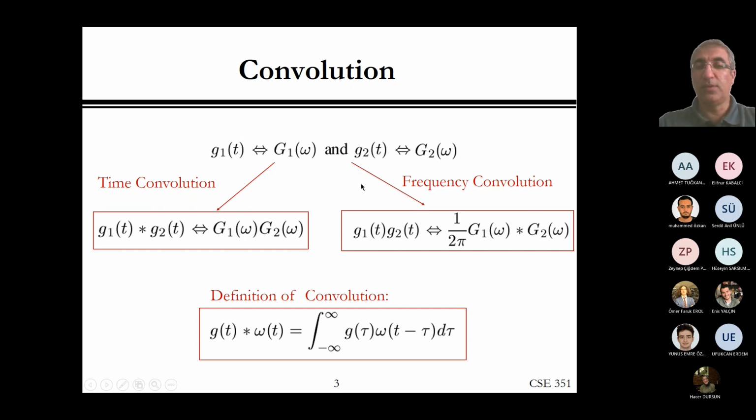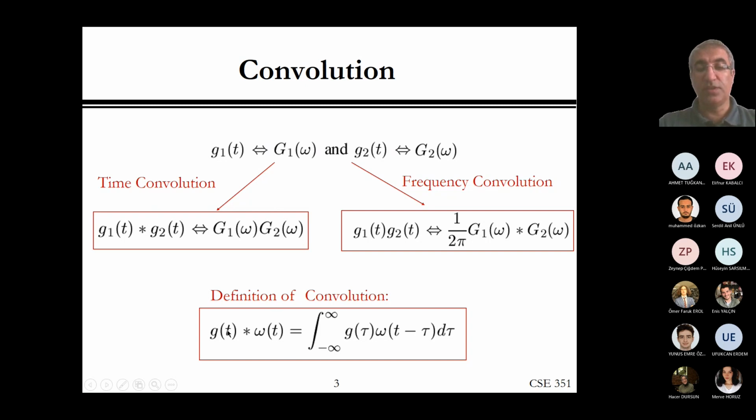Similarly, we have a duality, meaning that if we convolve these two signals in the frequency domain, it corresponds to the multiplication of these signals in time domain. And if you remember, what was the definition of the convolution?